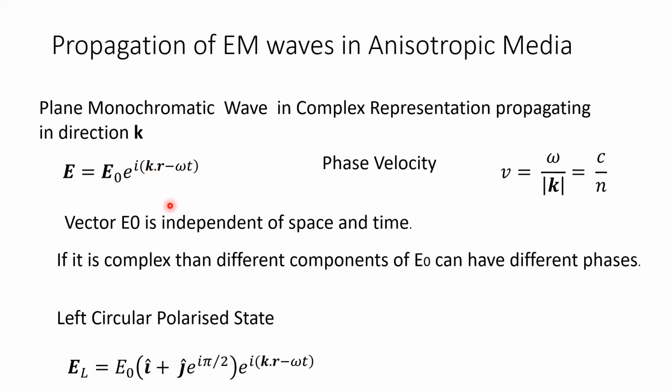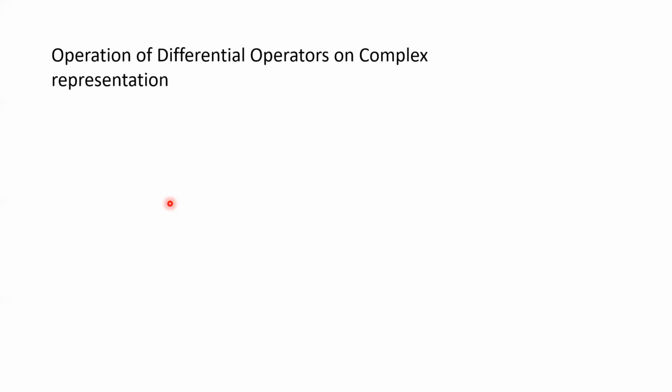And that leads to one of the great utilities of this complex representation for the wave, because if you talk about differential operators of time and space on this wave, then their representation is very simple. In fact, the differential operators become algebraic operators. So if you have the del operator acting on that wave, either del dot E or del cross E, for instance, all you have to do is that the del operator will extract out an iK, and then you have the multiplication of the original function with that.